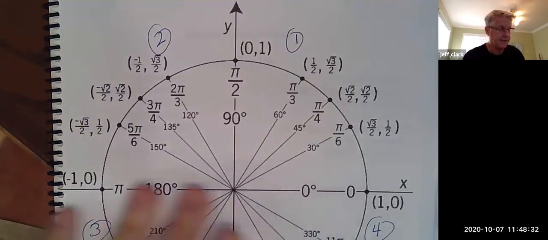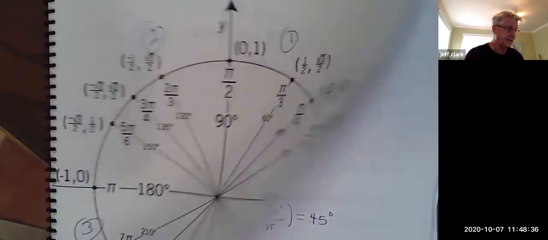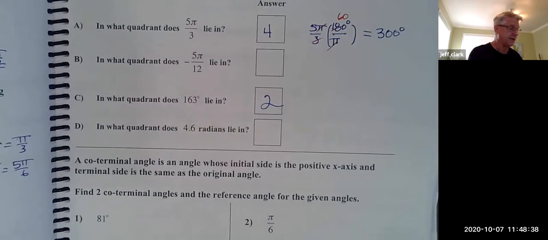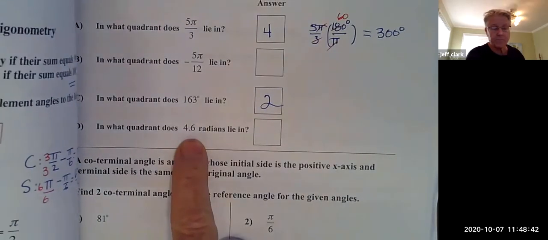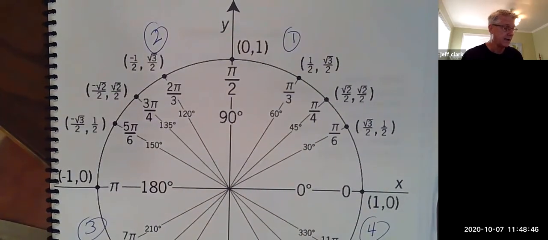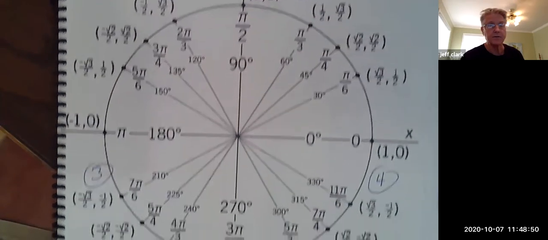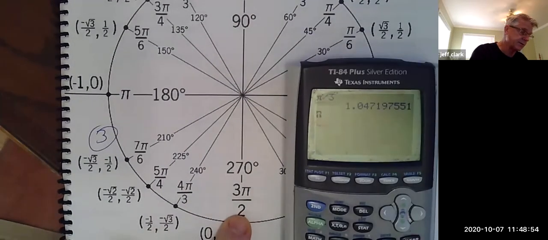I want a decimal that is 4.6, and I'd like to know where 4.6 sits here. Well, let's try 3 pi over 2. Let's see what the decimal answer to 3 pi over 2 is.